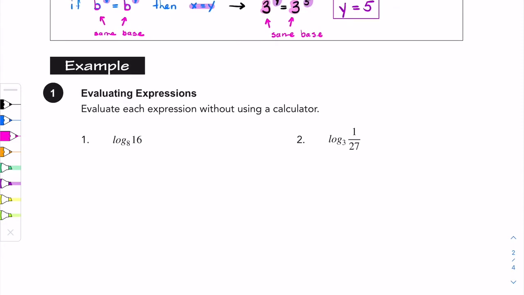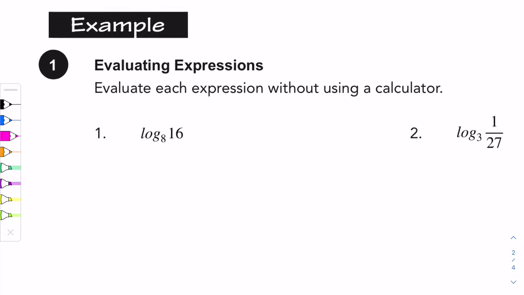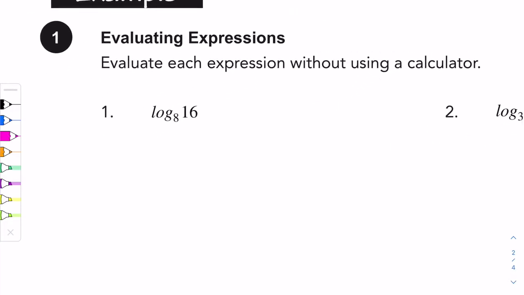When you're evaluating logs, like I mentioned before, or in the box above, you need to convert to exponential form and then use the exponential property of equality. We have log base 8 of 16. This is equal to something, we just didn't write that at this point. So I'm going to rewrite log base 8 of 16, and I'm going to set this equal to x.